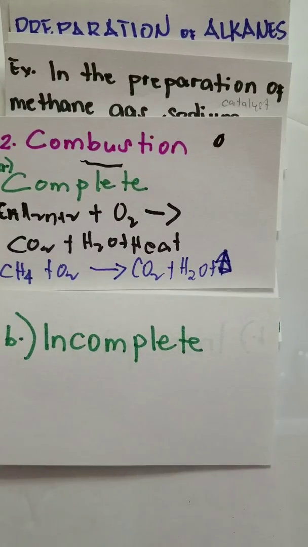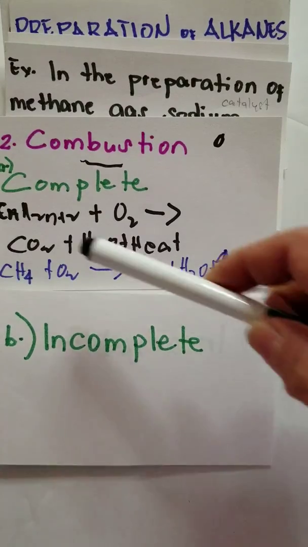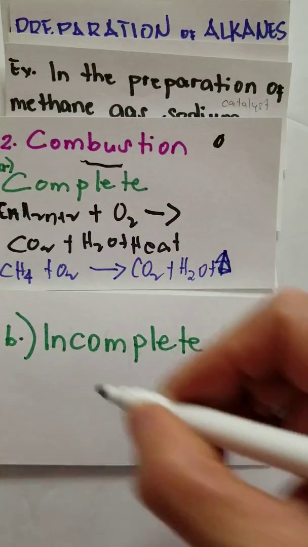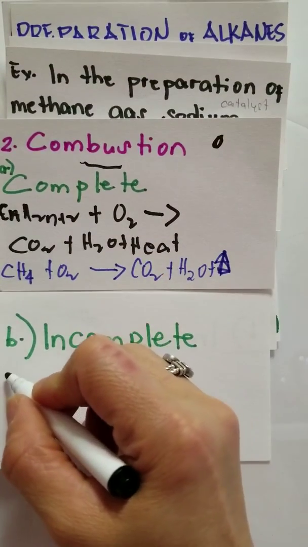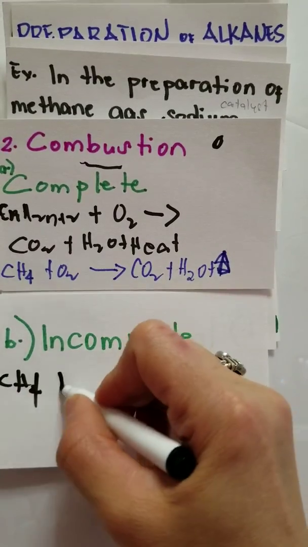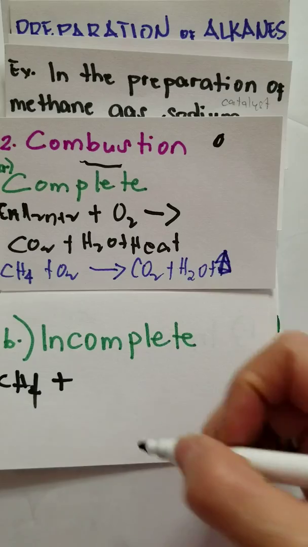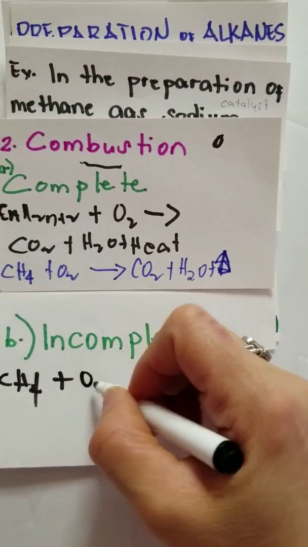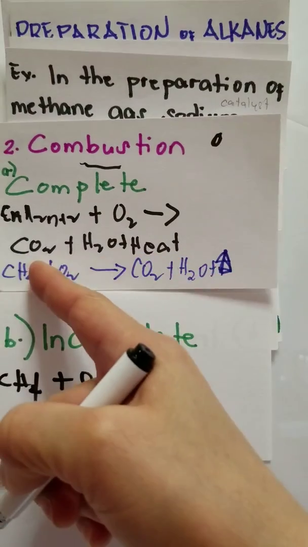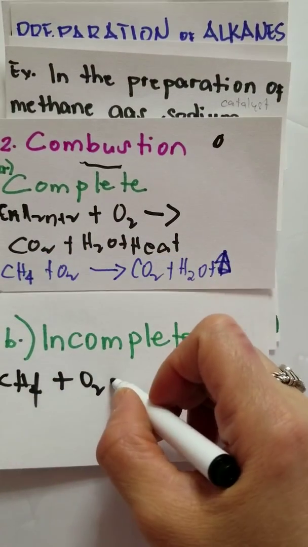What about the incomplete? Again, let us take the general formula of your alkane, CnH2n+2. For example, we have again methane, CH4, incomplete combustion, plus oxygen will yield. Here you have carbon dioxide for the complete.